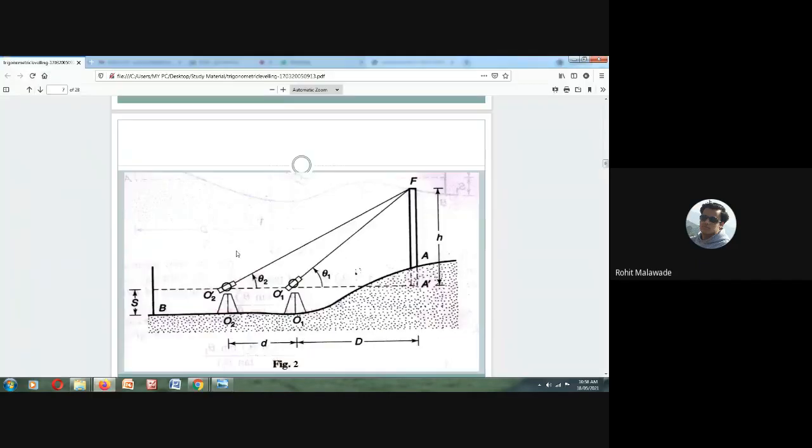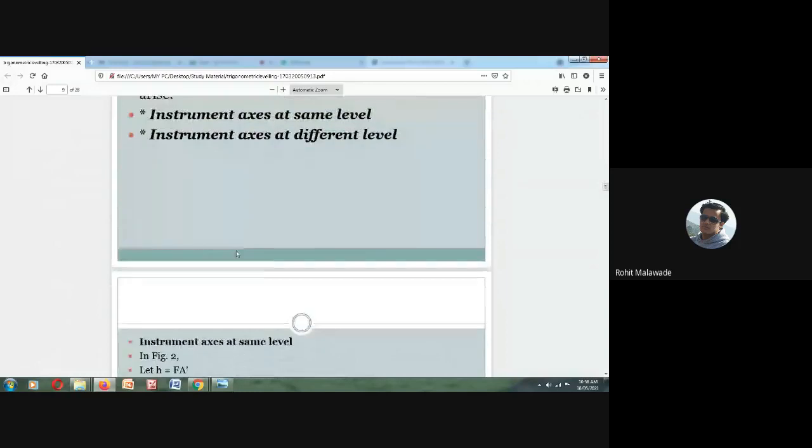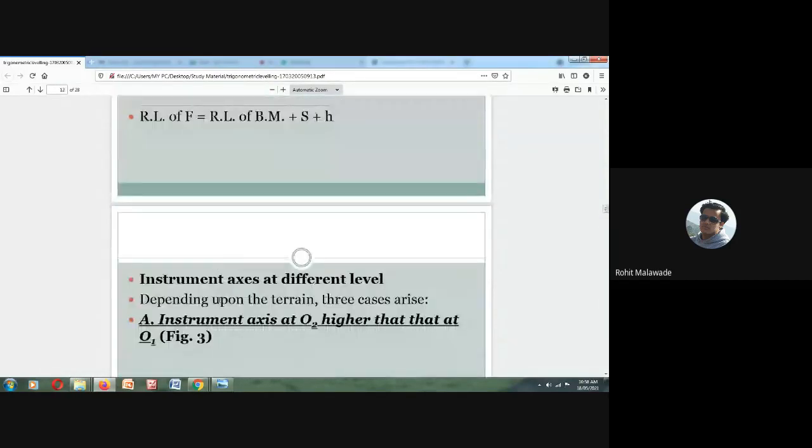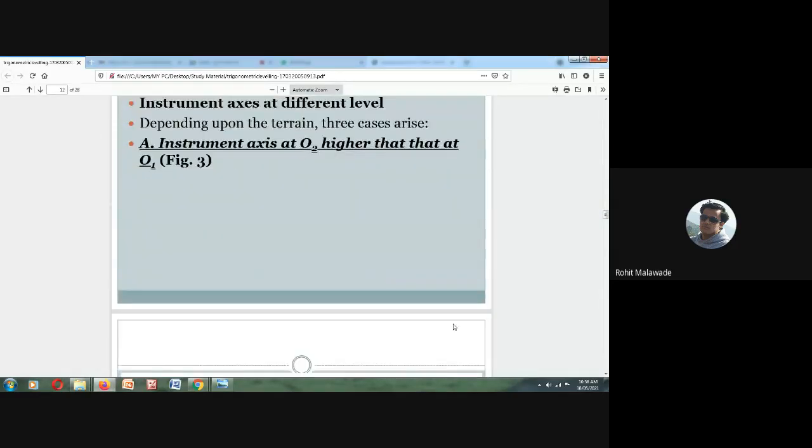Now we will see what the second case is. In the second case, the instrument axis at O2 is higher than O1.